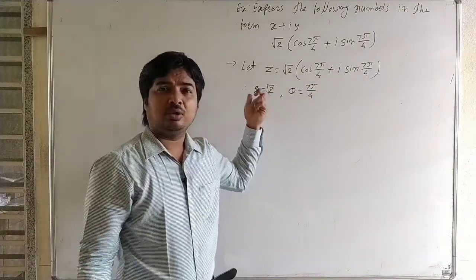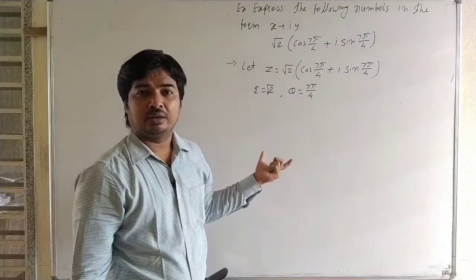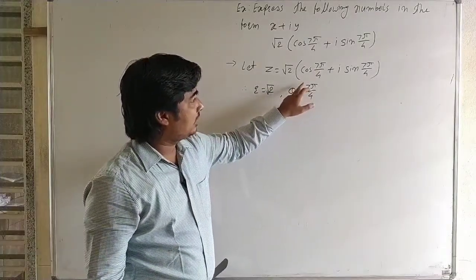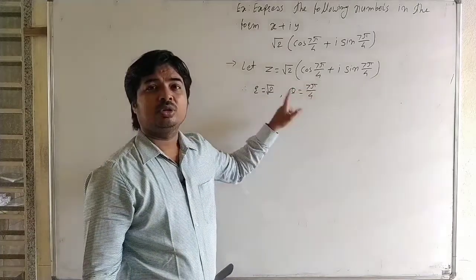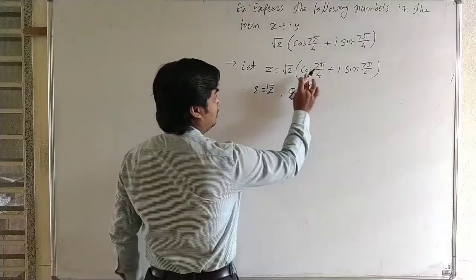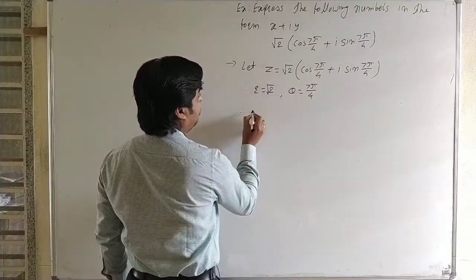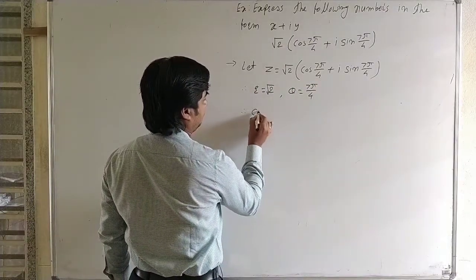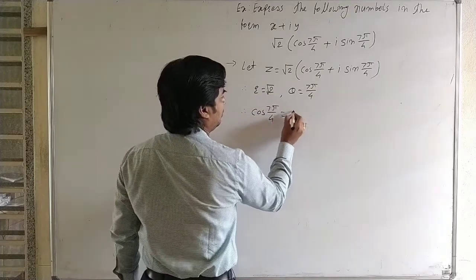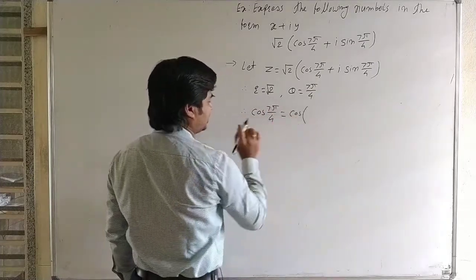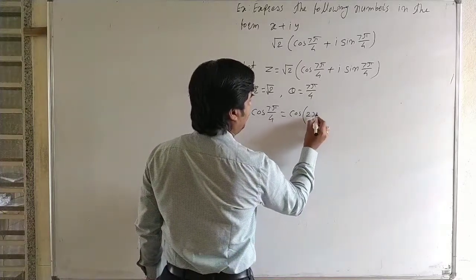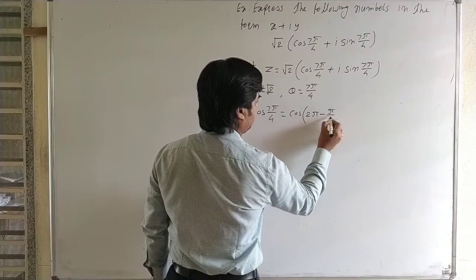We know the values only for acute angles, but 7 pi by 4 is not an acute angle. So here we use the allied angle formula. First we find the value of cos 7 pi by 4. Here 7 pi by 4 means 2 pi minus pi by 4.